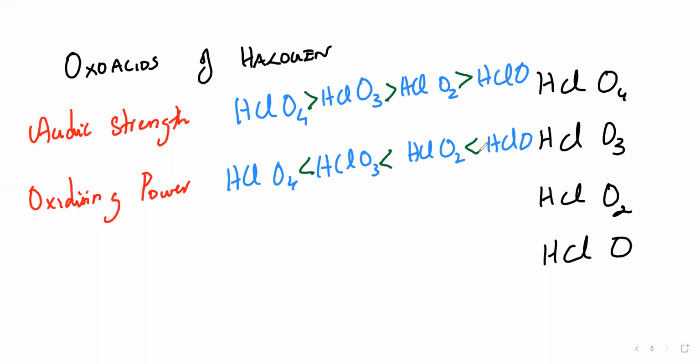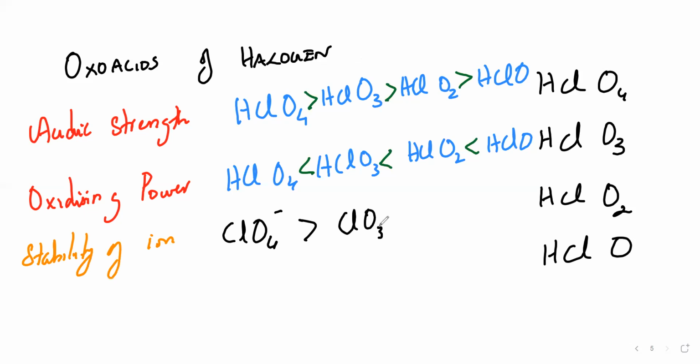And coming to the stability of the ion, one more important thing. Stability of what? Stability of the ion. There is ClO4 minus greater than ClO3 minus, greater than ClO2 minus, greater than ClO minus.